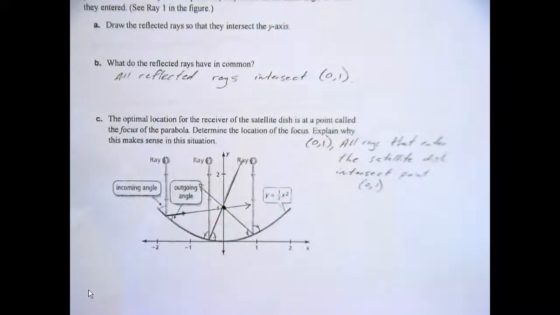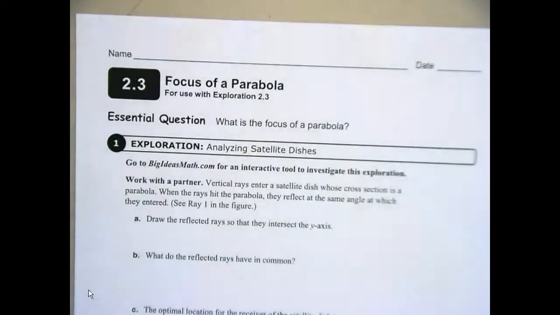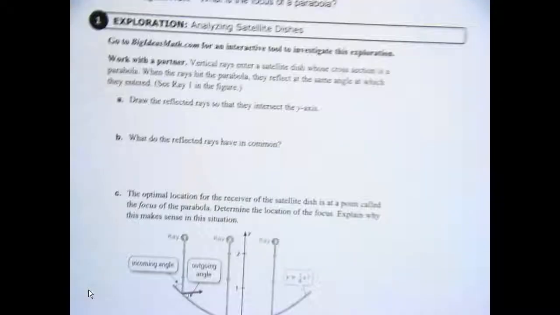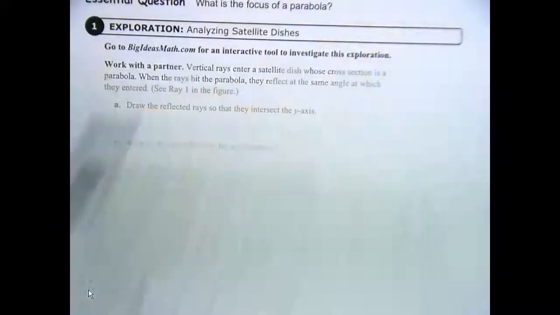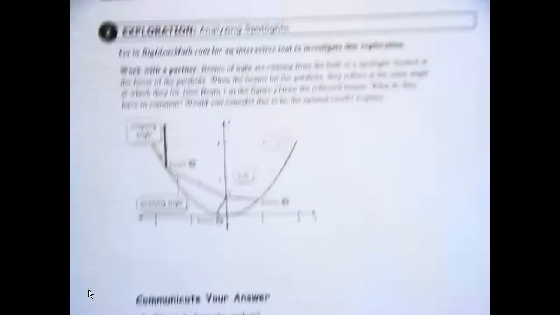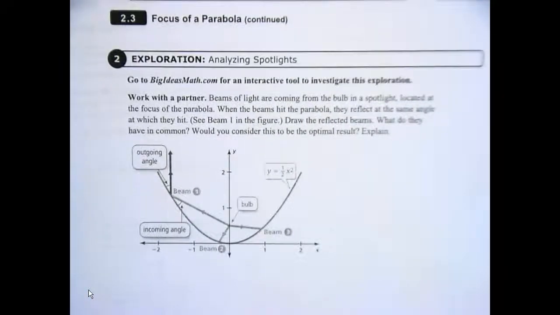All right. So some practical applications, stuff that you use all the time. If you go ahead and take a look at your next page in your student journal, page 35, Exploration number 2 talks about analyzing spotlights, or think of maybe a flashlight.